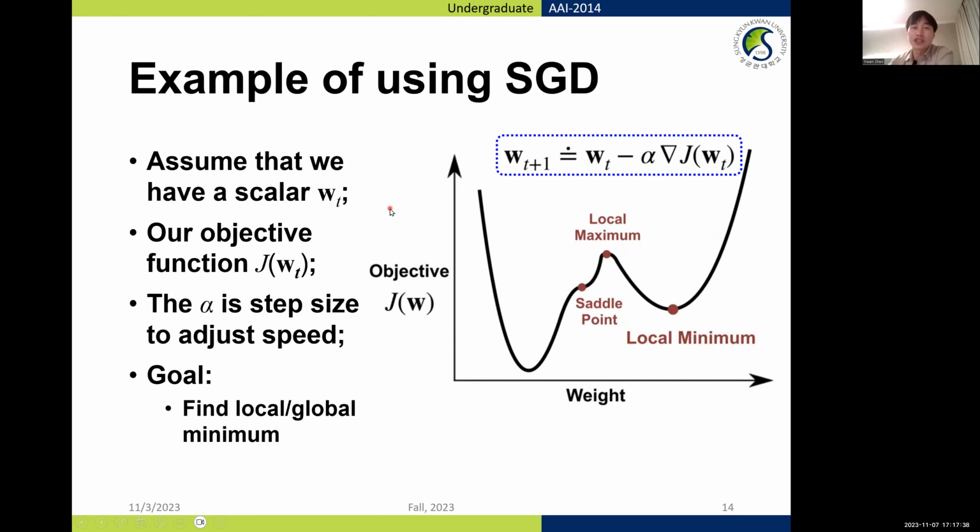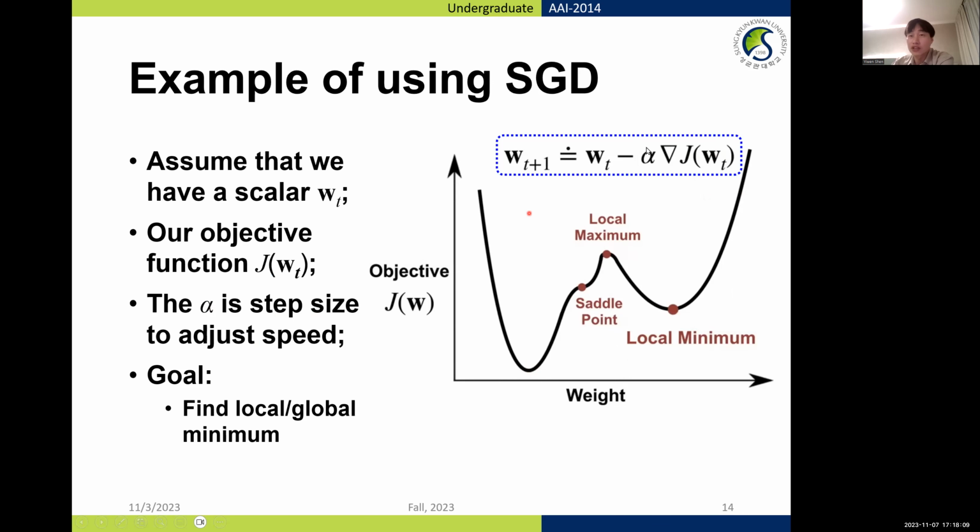As an example of using SGD, we want to update this WT gradually. This J(W) is the objective function, which we will define in the next slide. Ideally, we want to find the local or global minima points. There are some points we need to avoid, like local maximum and saddle points.